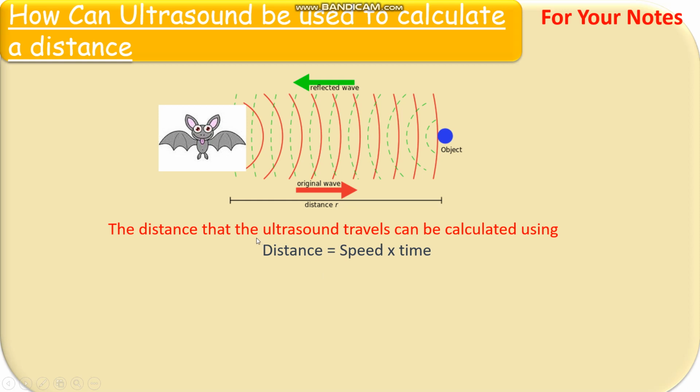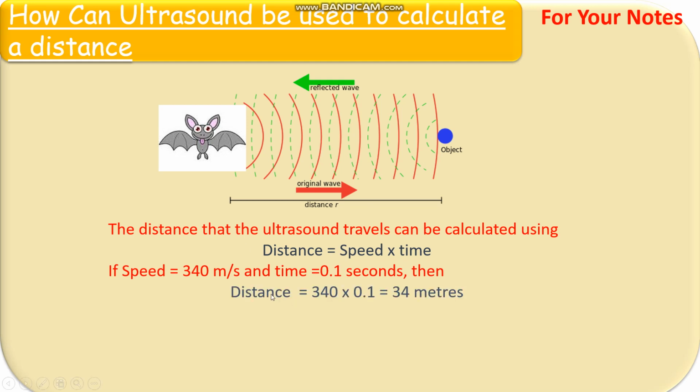Now, the distance that the ultrasound travels can be calculated using distance equals speed times time. So if the speed of sound, ultrasound is no different to ordinary sound in terms of its speed, is 340 meters per second, and it takes 0.1 seconds to get there and back, then the distance travelled by that sound wave is 340 times 0.1, which is 34 meters.